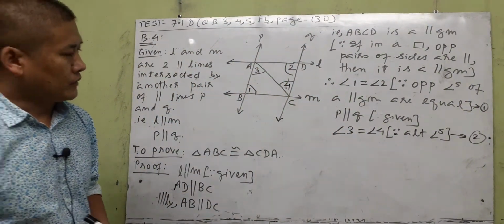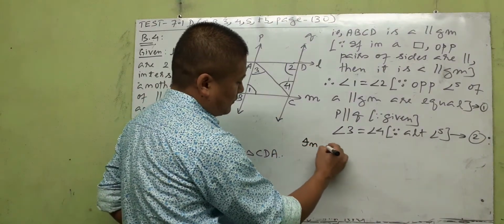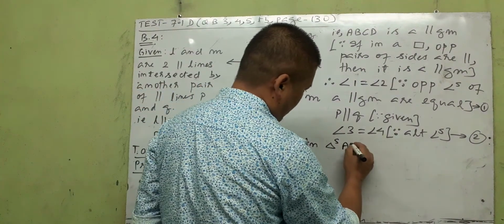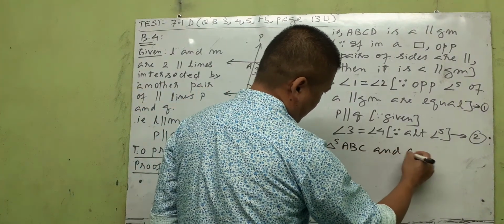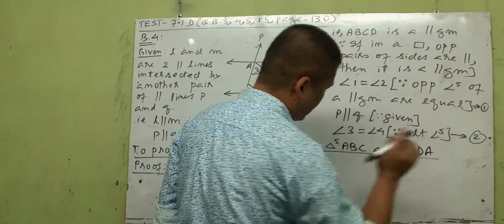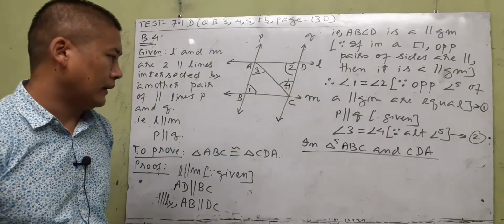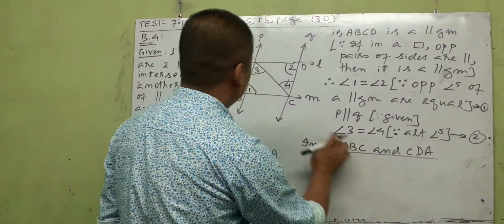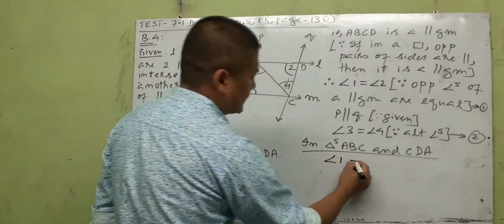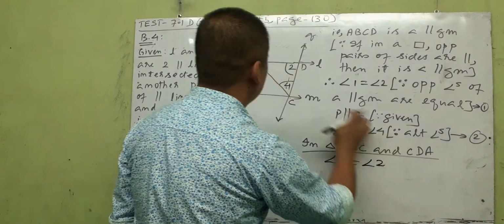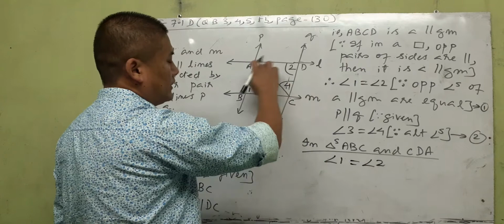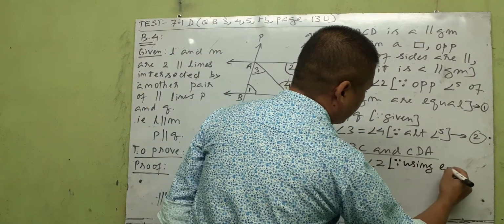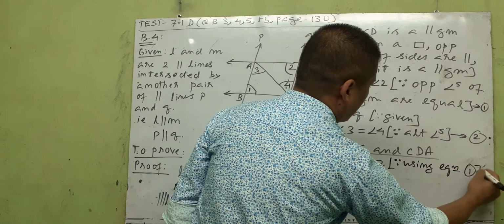I think now we're ready, so we can take those two triangles we're trying to prove congruent, ABC and CDA. Most probably the question is arranged correctly, that's why we're just taking it like that. Then in this triangle, angle 1 inside ABC is equal to angle 2 inside CDA, because of equation number 1.